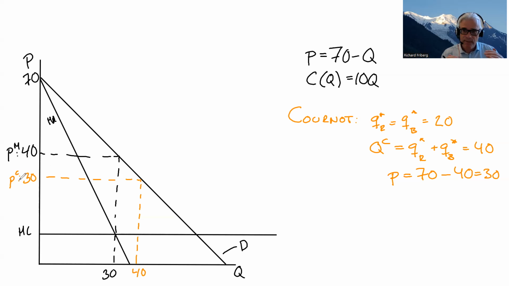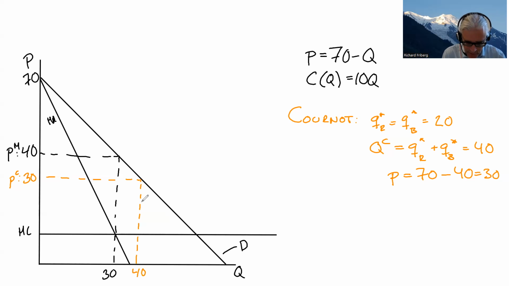This is an important point. The Cournot price is lower, quantities are higher, so there's still a deadweight loss, but it's lower than under monopoly. Competition is driving price down, increasing quantities, and lowering the deadweight loss. That's a good thing from a social perspective in the Cournot equilibrium.